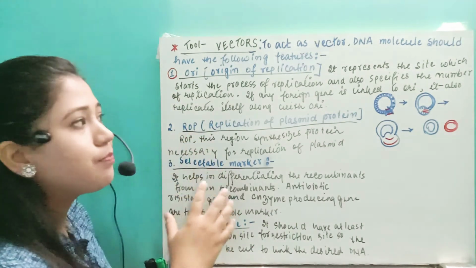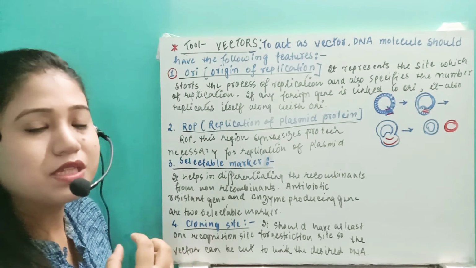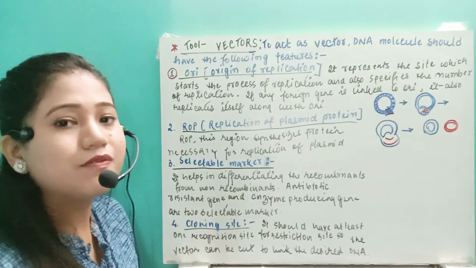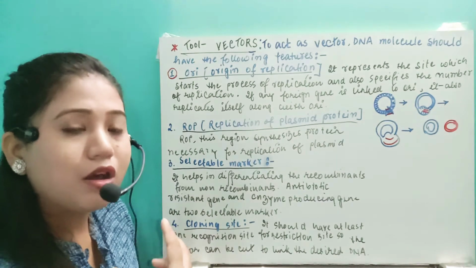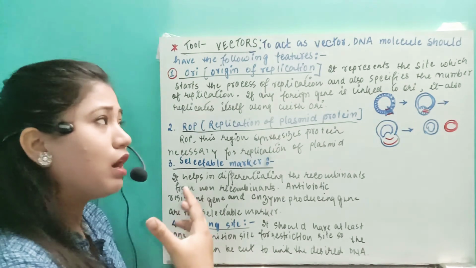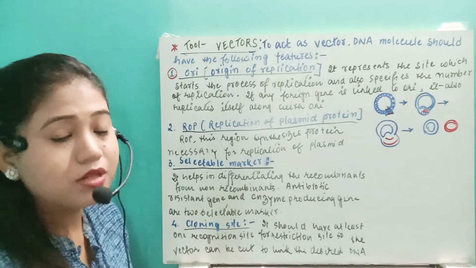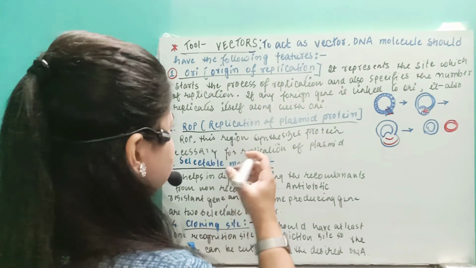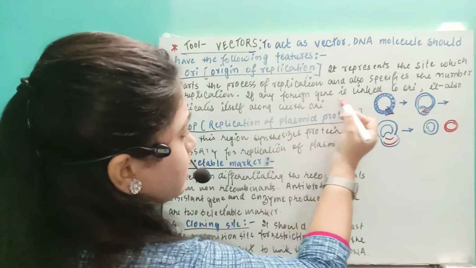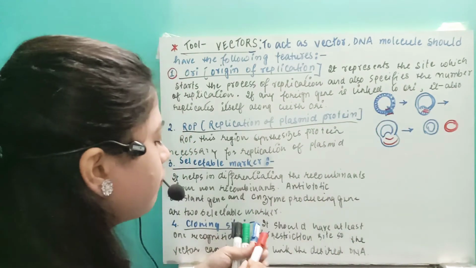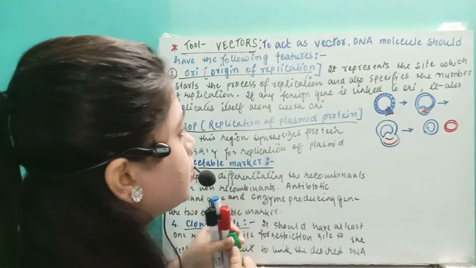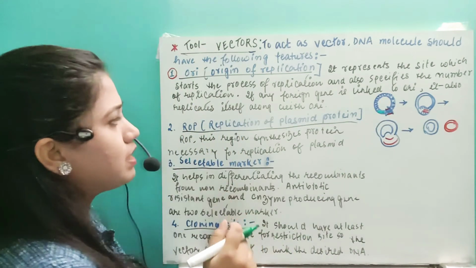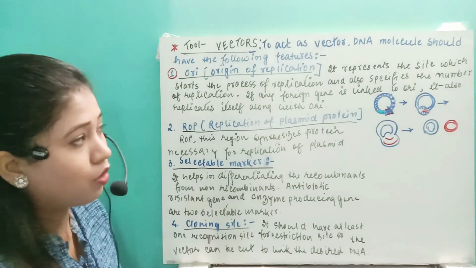So this ORI is not only the specific site from where the replication will start, it also specifies how many copies of that vector can be formed. If a foreign gene is linked to ORI, then it also replicates itself along with ORI.